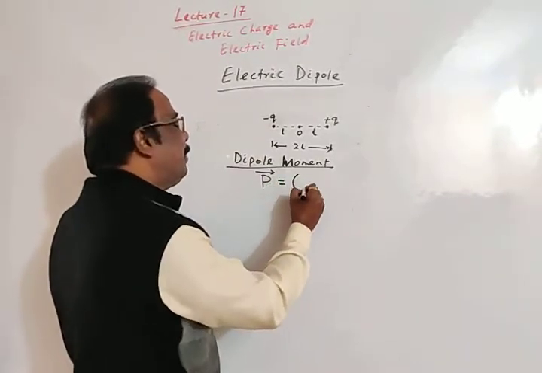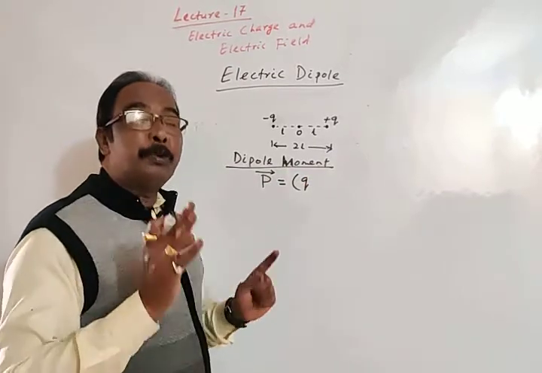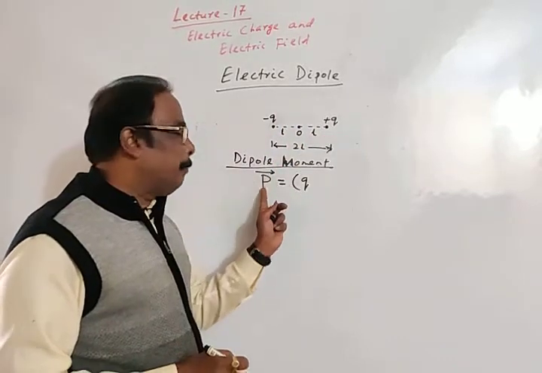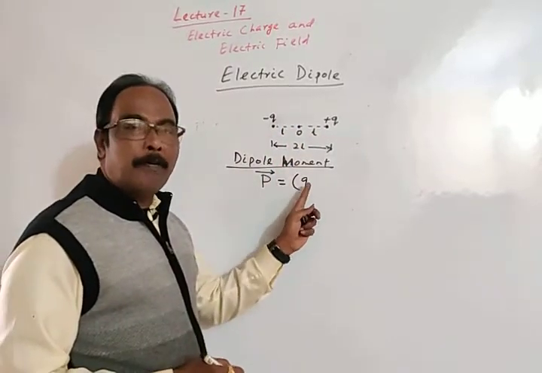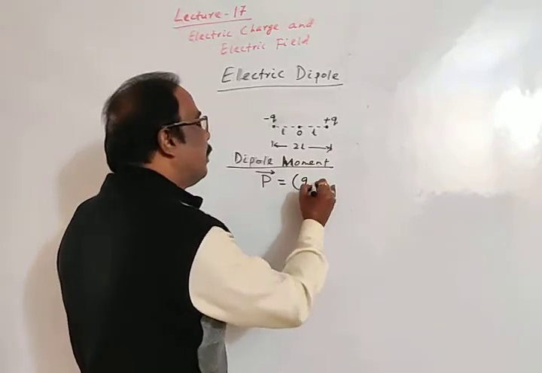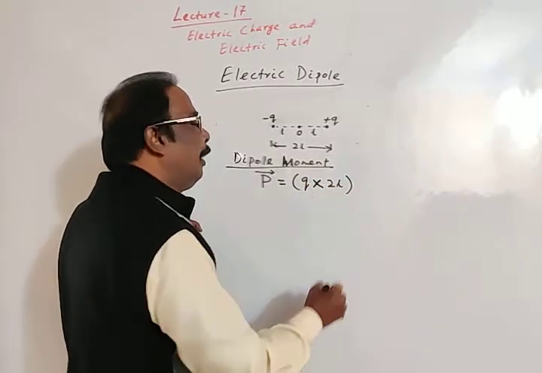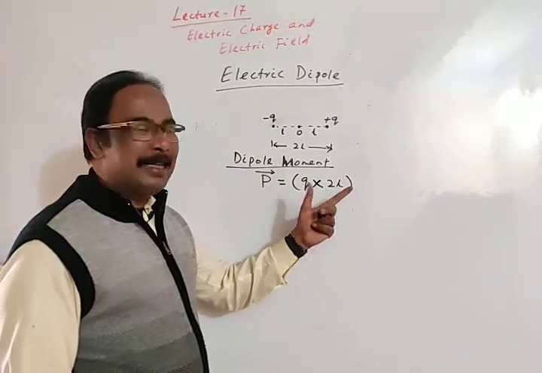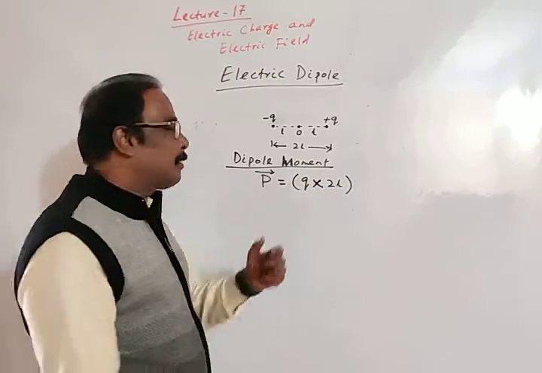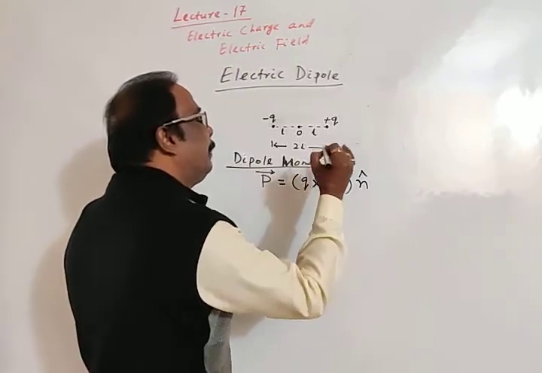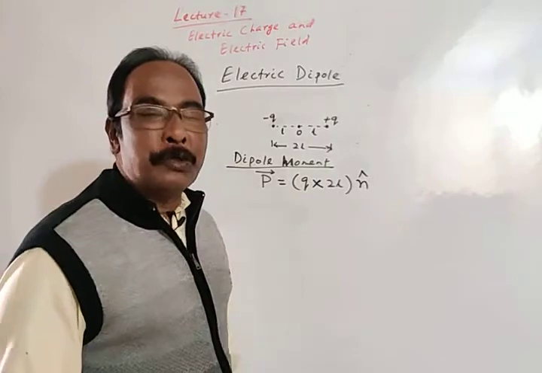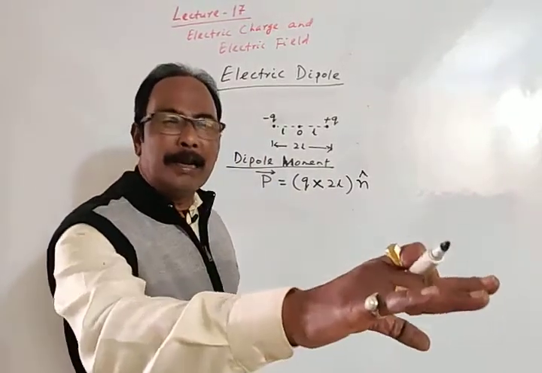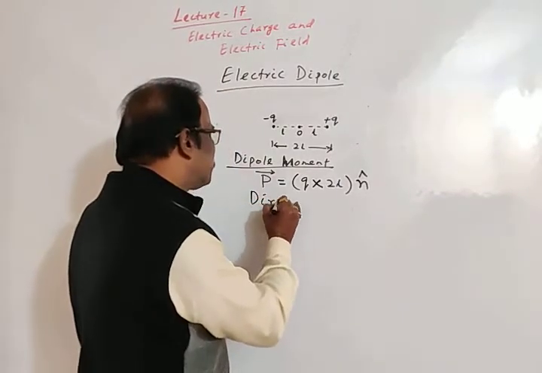Dipole moment is defined as the product of the magnitude of one of the charges, plus q or minus q, and the distance between the two equal and opposite charges, meaning the product of q and 2L. This is the magnitude of the electric dipole moment, and we multiply by a unit vector n cap which shows the direction of the dipole moment.